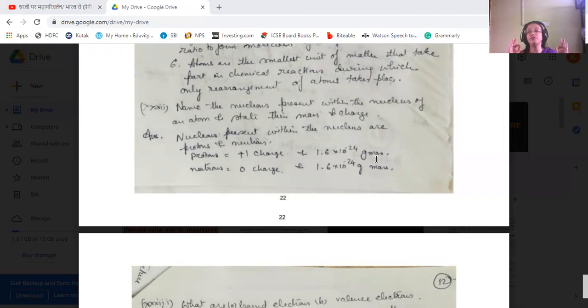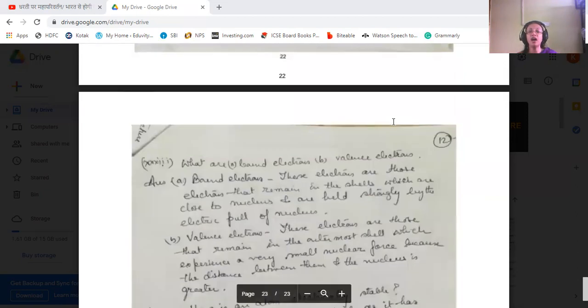Protons have 1.6 into 10 to the power minus 24 grams as the mass. Neutrons also have 1.6 into 10 to the power minus 24 grams. This is the mass of the protons and neutrons. Their mass is similar, but their charge differs. Proton has positive charge, whereas neutrons have neutral charge.